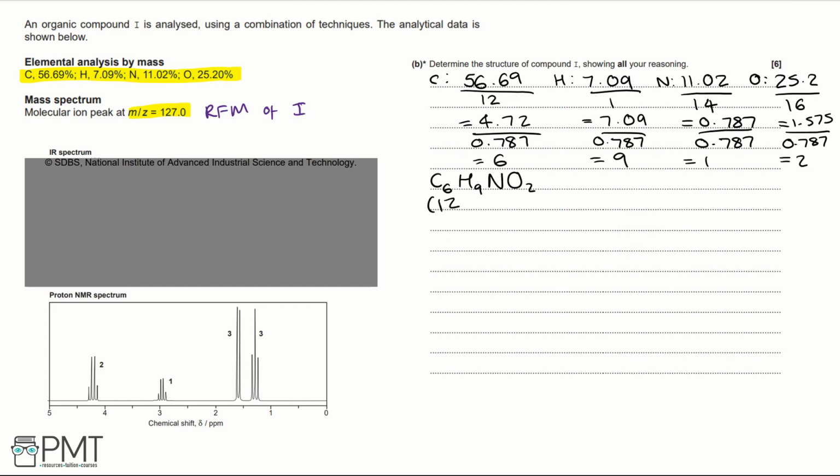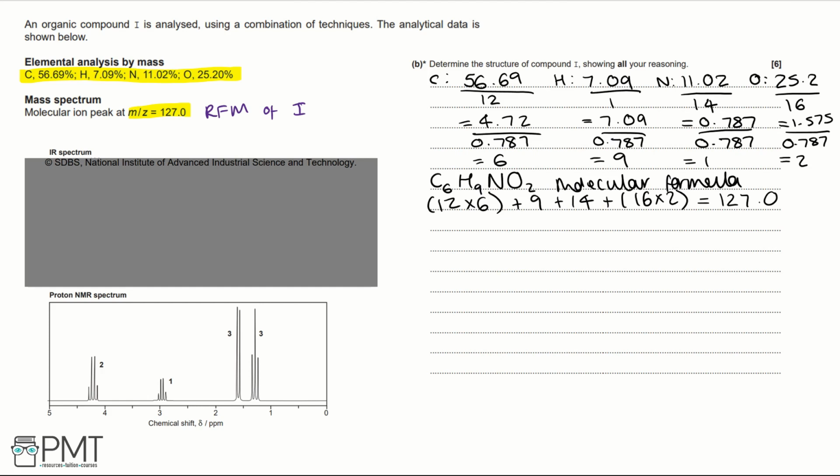So we do 12 times 6 plus 9 plus 14 plus 16 times 2, which equals 127.0. So we keep it the same. This is going to be our molecular formula and our empirical formula, which means that the molecular formula is the simplest way to write it.